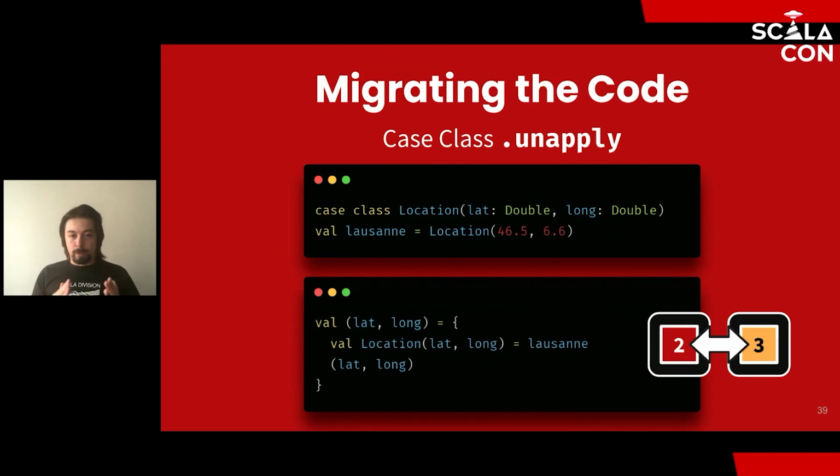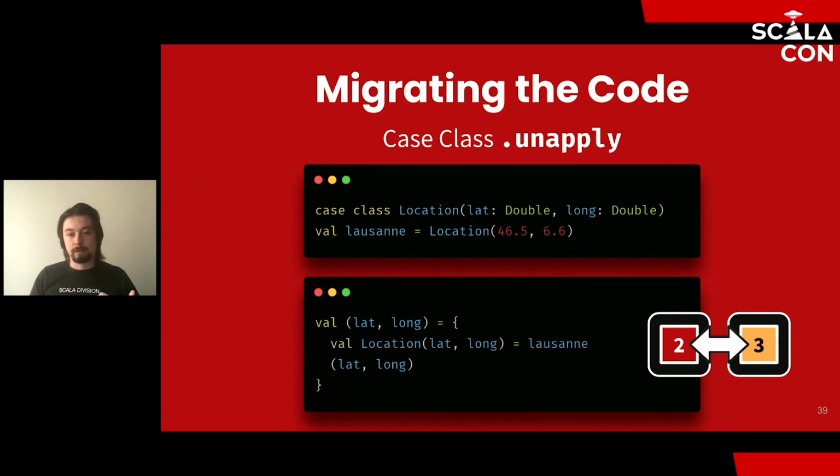So one way we can migrate this in a way that is cross-compatible with Scala 2 and Scala 3, so you could cross-compile this file, is to first extract the arguments using a pattern binding and then construct a pair. It's a bit long-winded.